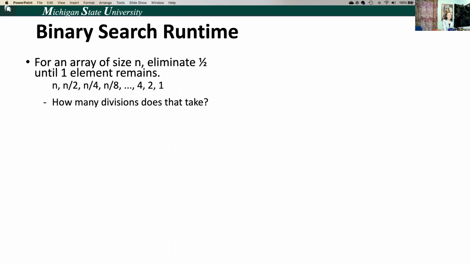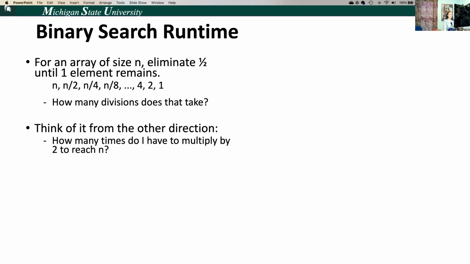I'm eliminating half, and I'm going to keep doing that until only one element remains. So the behavior my algorithm shows starts with n over 2, n over 4, n over 8, you know, keep dividing and dividing, and then 4, 2, and then finally 1. Then I ask myself, right?